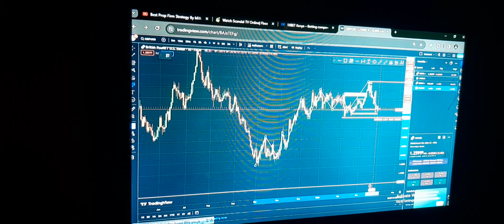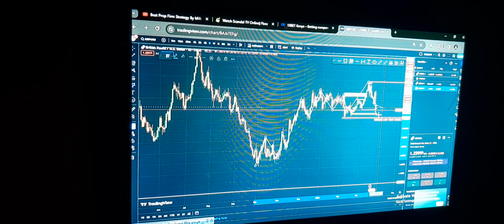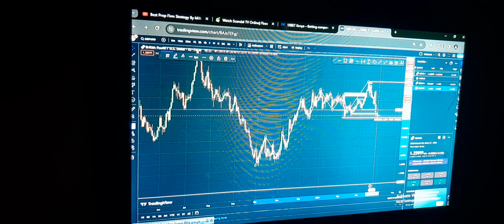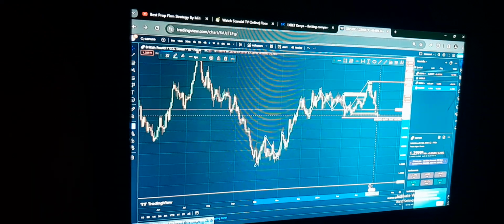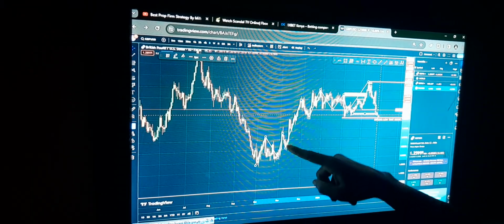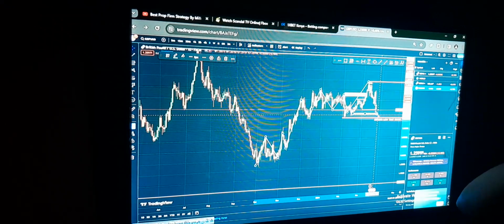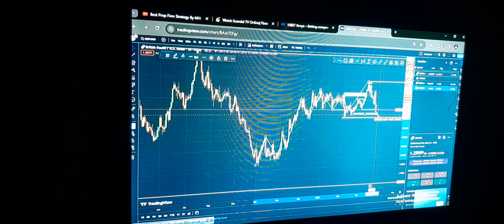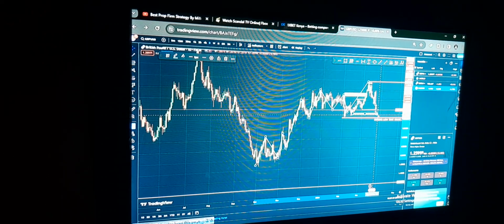Okay, so here's some real source. Okay, and I'll also explain to you why a lot of people were buying last week and the sellers took over the market. Okay, as you can see, market went up, went down, went up, down, up, down, up, down. As you all know, in a trending market, if it's a bullish market, it should create a series of higher highs and higher lows, right?